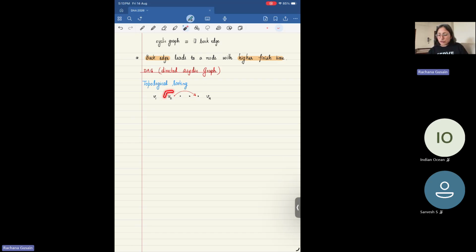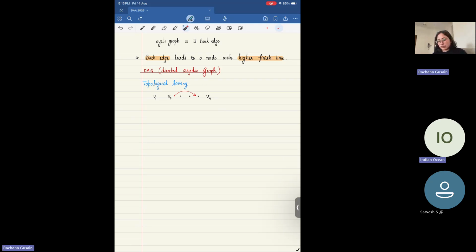So I should be able to find a source vertex in the remaining graph. So list that down as a second vertex and continue. That way, the ordering that you get will be topological ordering or topological sorting of the vertices of the graph.